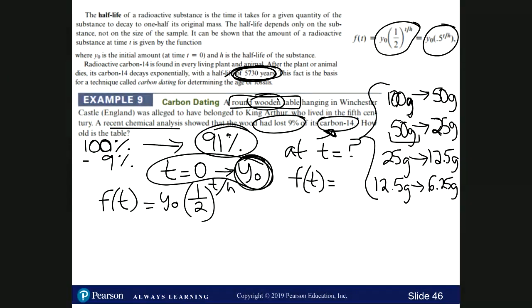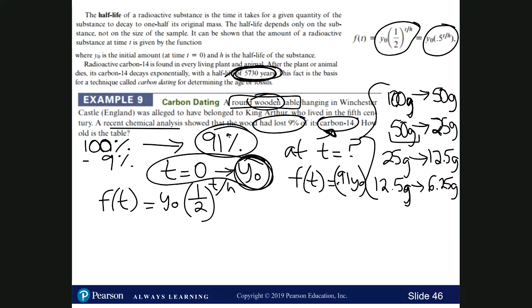So that's why I'm going to write 0.91 y sub 0. If the amount remaining was 50%, I would have said 0.50 times y sub 0. Why do I do this? Because we are not dealing with numbers. We don't know how many grams or milligrams of carbon-14 we're talking about. All we know is that we had 91% of the original amount.